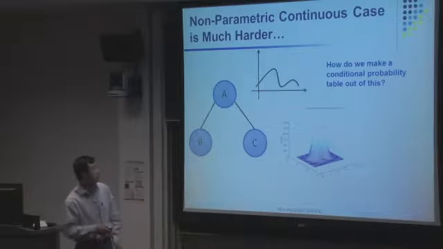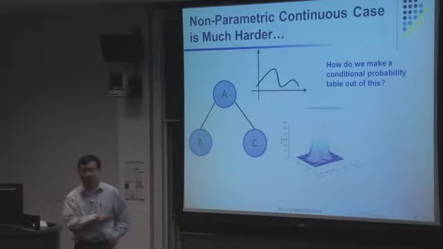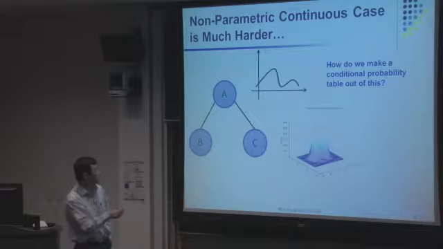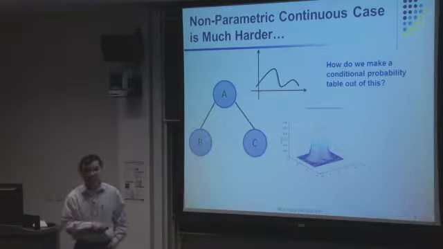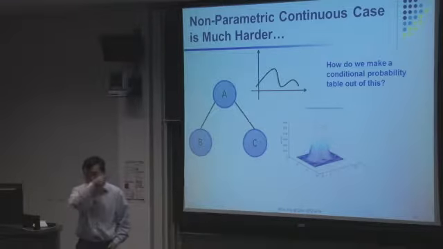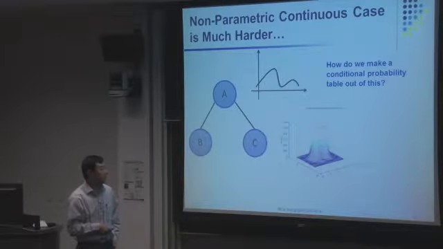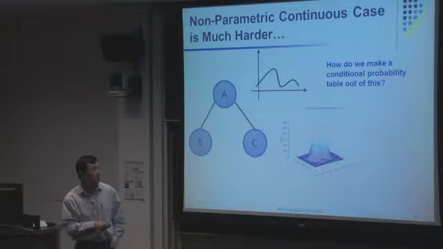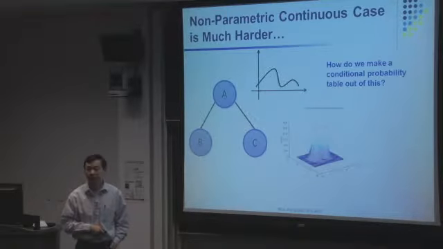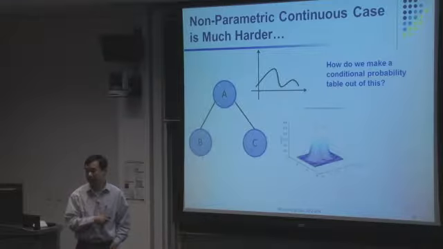Now, back to this issue. What if I have something like this? Empirically, I know that A follows this distribution, which I really don't know how to parameterize. And maybe one of the nodes in here is a bimodal one. So how do you write down a conditional probability of this guy given that guy? Linear Gaussian or mixture model, or you name it, it probably does not give you anything, right?